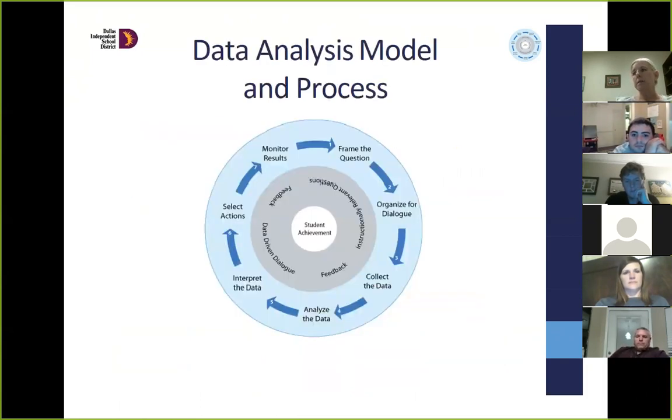We also talked about the data analysis model and process. And again, I'm not going to read this to you guys, but at the center of everything is, big shock, student achievement, student learning. And then outside of that, how do we do that? Through data-driven dialogue, instructionally relevant questions, and lots of feedback. And of course, to do that, we have a process that starts with framing the question.